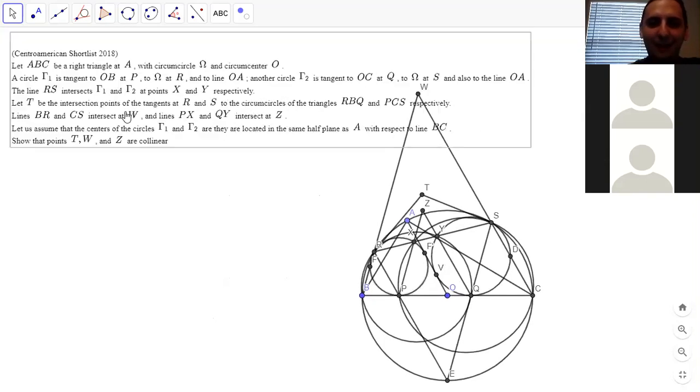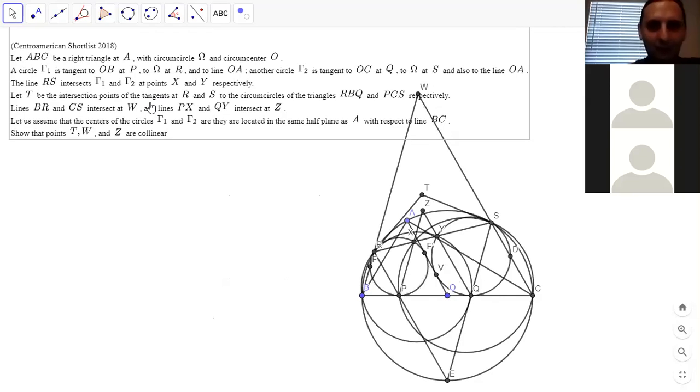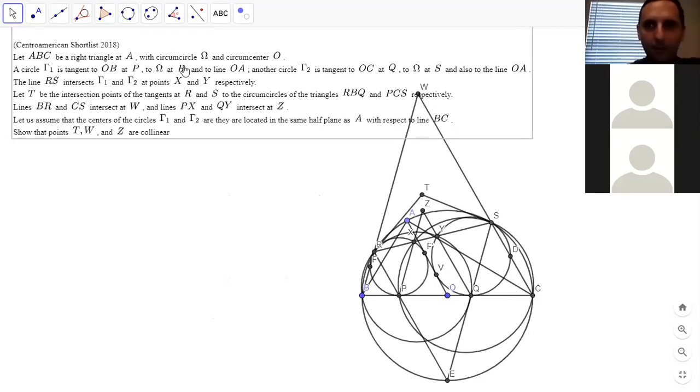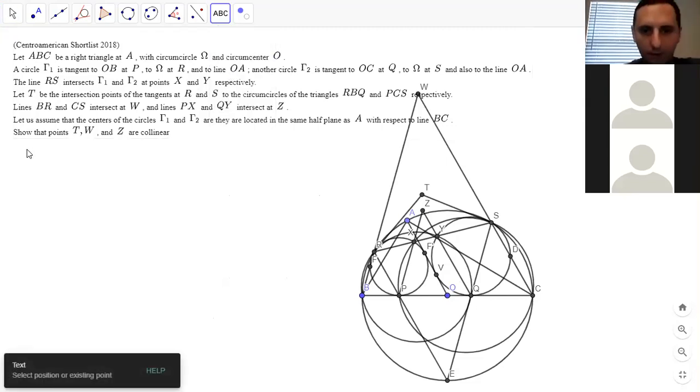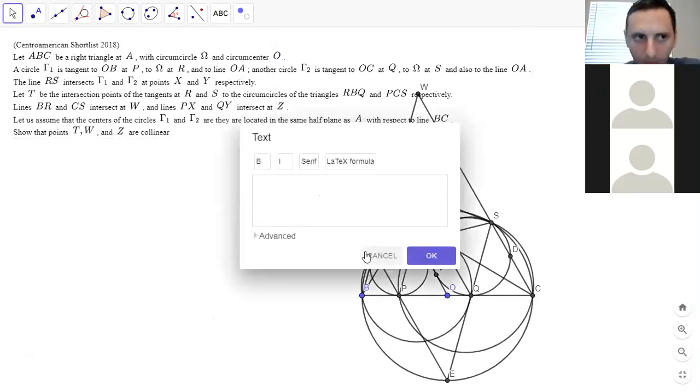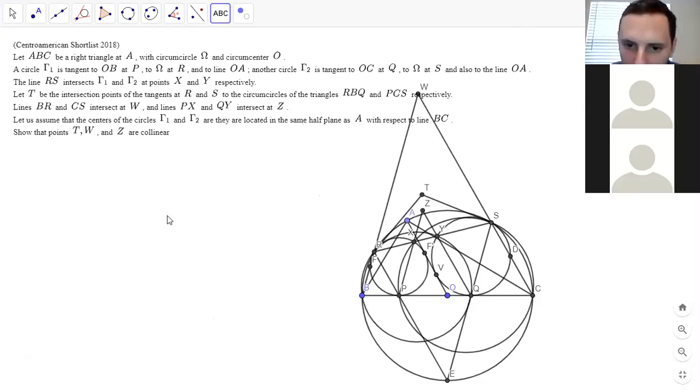All right. I guess Centroamerican isn't as hard, maybe. So angle TRS is TRX is RPX.